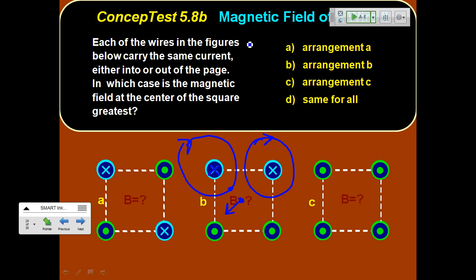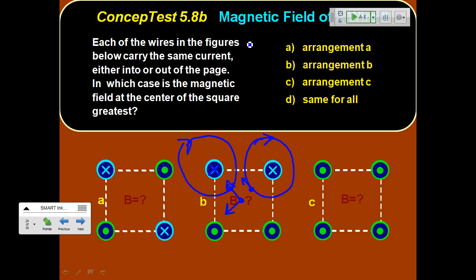How about this one, the one on the right? What is the direction of the magnetic field at the middle? It's going to be at this point in this direction. So if I translate that vector over, it's going to look like that. All right. Maybe B might not be the right answer here.